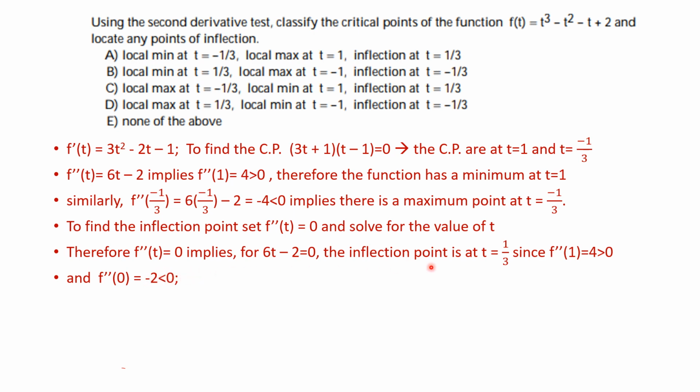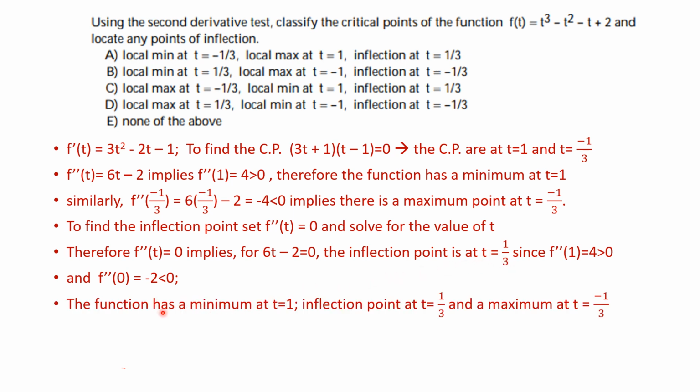Since we have a change in concavity at t equals 1 over 3, then it is an inflection point. Therefore, we'll summarize. The function has a minimum value at t equals 1. It has an inflection point at t equals 1 over 3 and a maximum at t equals negative 1 over 3. And if we check the options, we can see that the correct answer is option C.